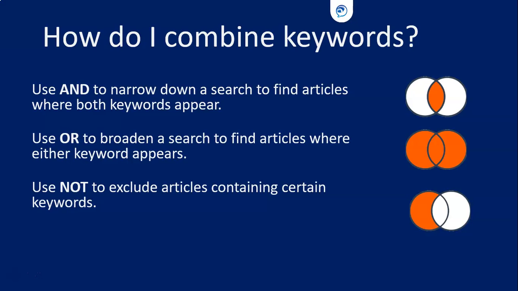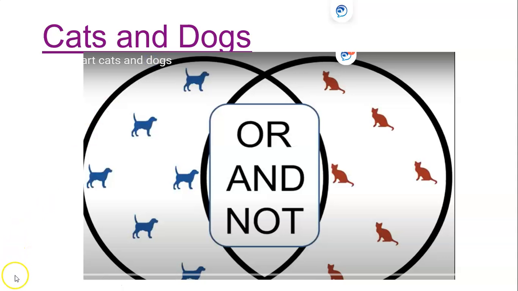Human rights or civil rights, for example. And not would exclude any unwanted key terms. This short video will look in more detail about using or, and, not. But I'll let you discover that in your own time.